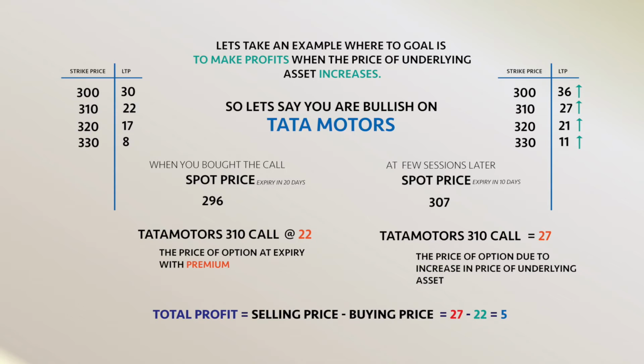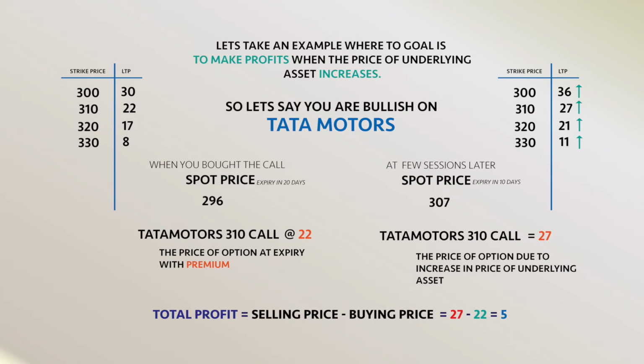Now since अभी भी 10 दिन बाकी है ऑप्शन एक्सपायर होने में, इसलिए आपका ऑप्शन का प्रीमियम बढ़ गया due to change in volatility और change in momentum of the stock. तो अभी आपका जो पहले 300 का कॉल था, it has increased from 30 to 36, and similarly 310 का जो आपका previous price था which was 22 has increased to 27.